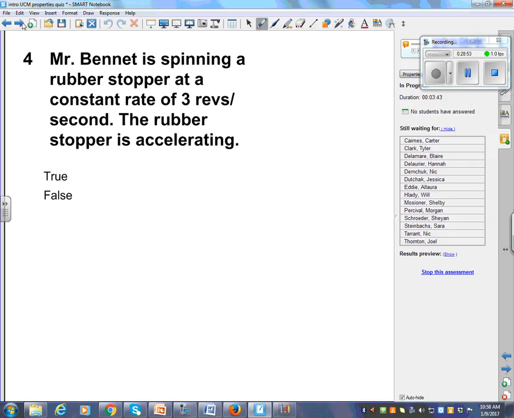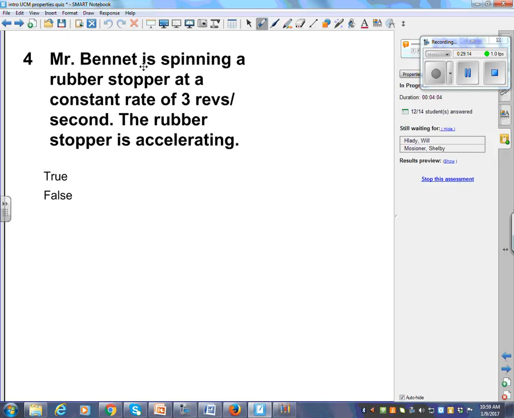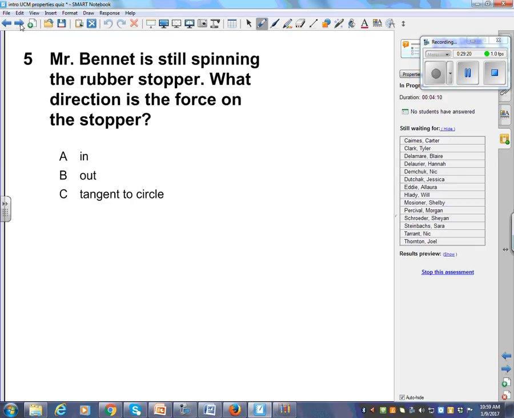Mr. Bennett or someone else is spinning a rubber stopper at a constant rate of 3 revolutions per second. The rubber stopper is accelerating. Mr. Bennett's still spinning the rubber stopper.